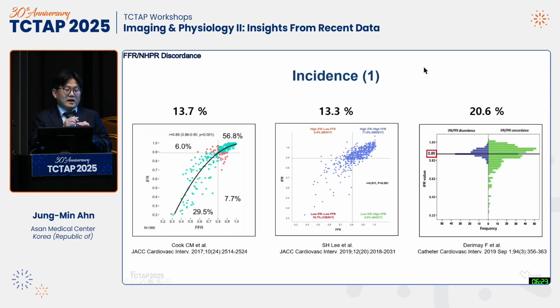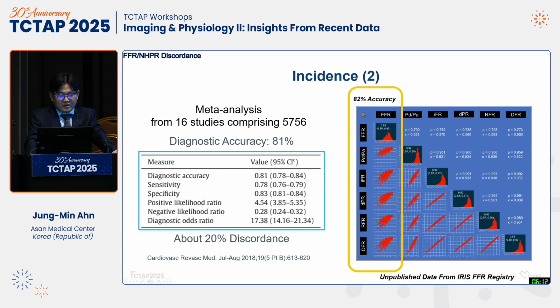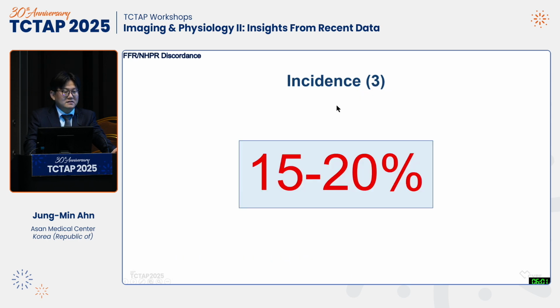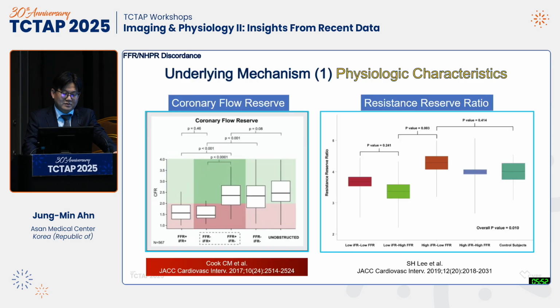So how often does it happen? The incidence based on previous literature is 13 or 13.7, up to 20%. The FFR registry shows that the diagnostic accuracy is 81%. Our registry data accuracy is 82%, so 19% discordant. So the incidence of discordance between non-hyperemic pressure ratio and final FFR was 15 to 20%.